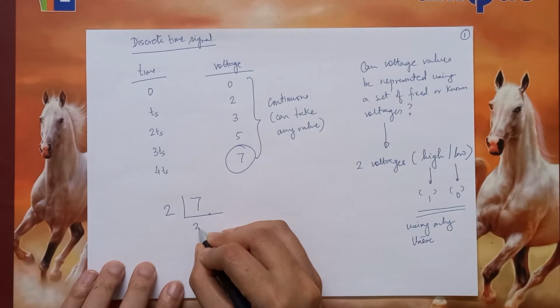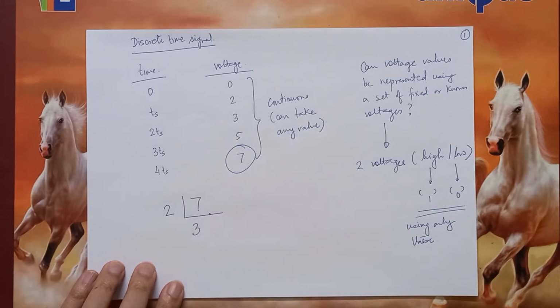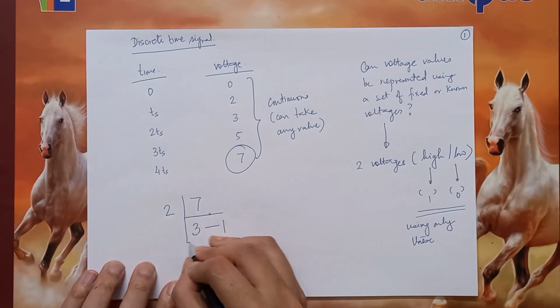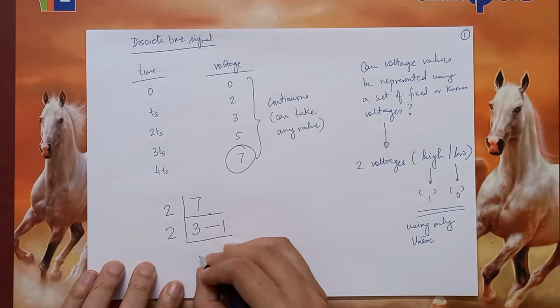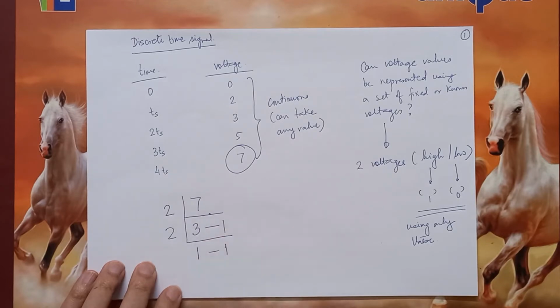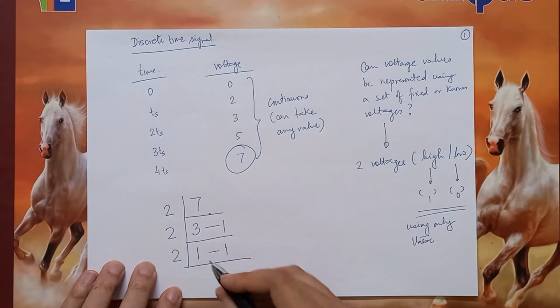So 2 times 3 is 6 and the remainder is 1. Then again I will divide by 2 because the quotient is not yet 0. So 2 ones are 2 and the remainder is 1. Finally, I will divide by 2 again and get the quotient as 0 and the remainder of 1.